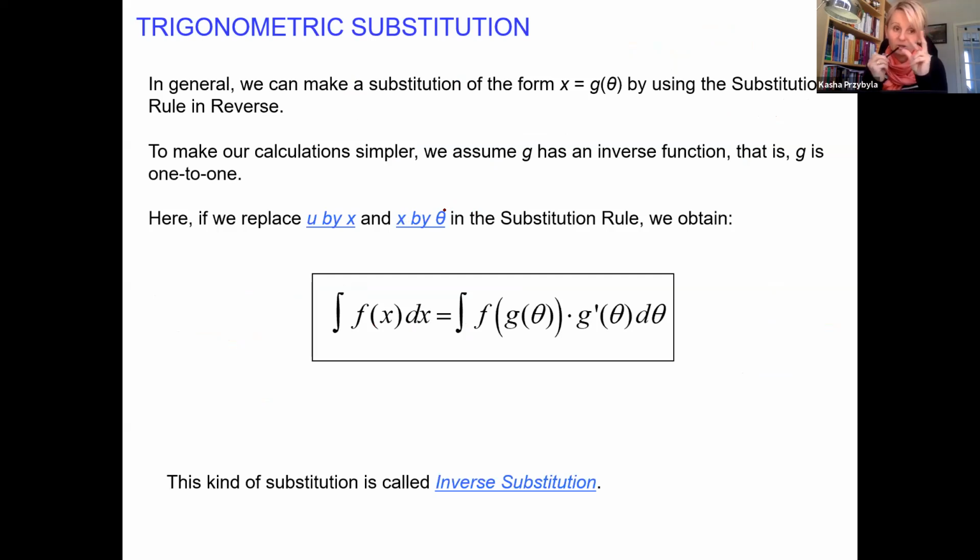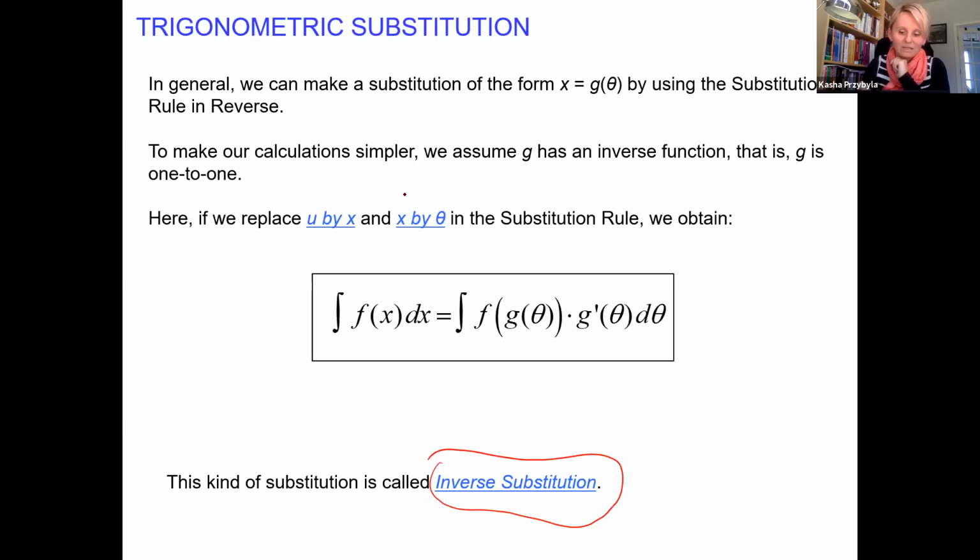The choice is based on the trigonometric identities. I have the summary for you. We call this inverse substitution, because we're not giving you some formula of x. We're actually replacing x with the formula of the new variable, so x is in a different position.